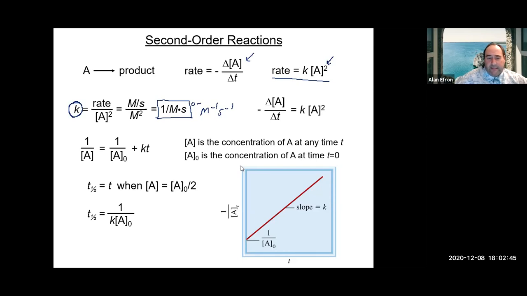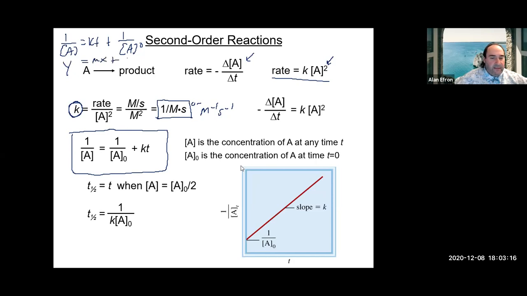Because it is a second order reaction, it has a different rate law that deals with concentration versus time. That is 1 over A equals 1 over A naught plus KT. If we rearrange that and write it a little differently, we get 1 over A equals KT plus 1 over A naught, which is written in the form of a straight line, y equals mx plus b.